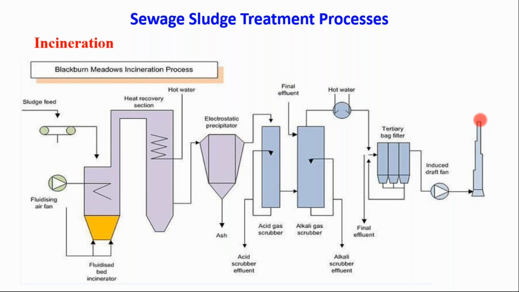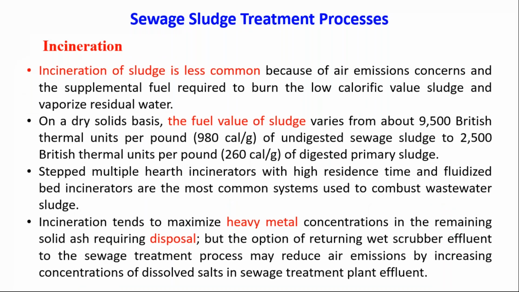They are released to the atmosphere by monitoring the ppm or mg per liter, or the maximum permissible limits, which are given by the pollution control board. So this is the last point of this incineration technique, or the last point of the sewage treatment process. So these are the points related to incineration itself, which I have already discussed is a less common process.